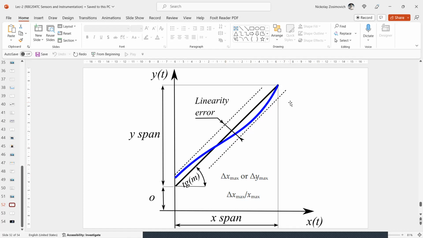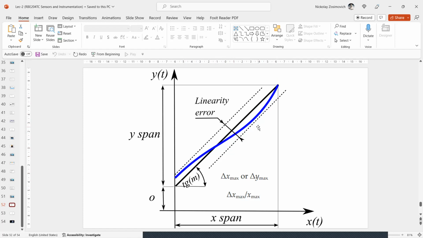What does it mean? In this case, it refers to the best fit straight line, our dark line here, according to a specified error criterion. For instance, the line midway between two parallel lines, the dotted lines on both sides, enclosing all calibration points.